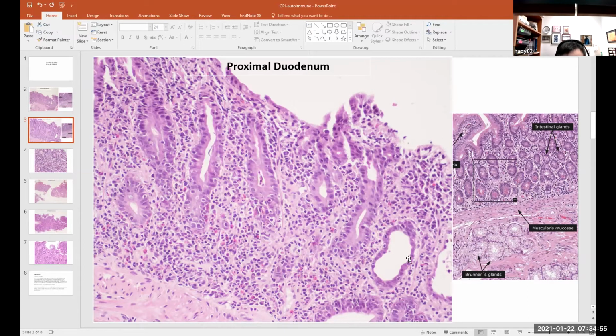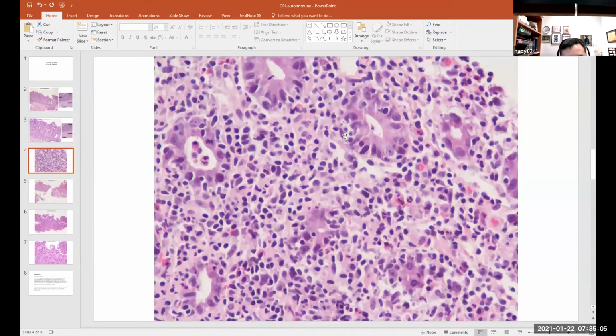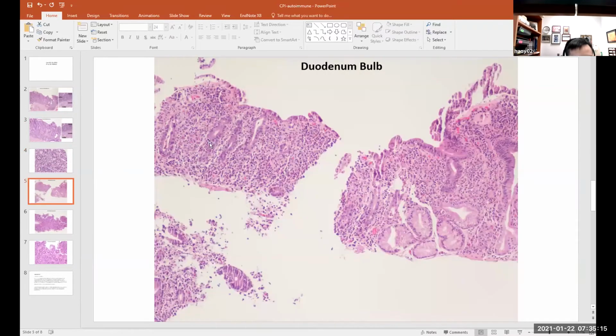And here this crypt is damaged, and we call this withering. And here you can see the increased apoptotic bodies here, here, and here. This is the proximal duodenum. We saw a similar thing in the duodenal bulb, as you see here.